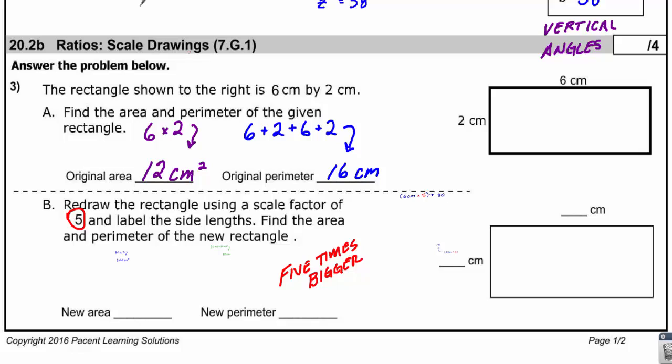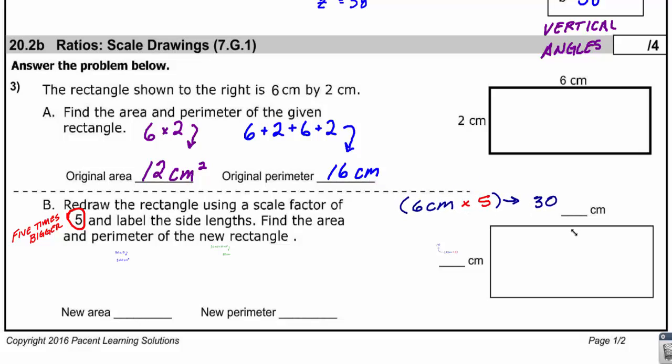So when you look at the new sides, you're thinking, oh, they have to be 5 times bigger than the originals. So to get that 5 times bigger of the top, we take the original top, 6 centimeters, we multiply it by the scale factor, 5, and we make it 5 times bigger, 30 centimeters.